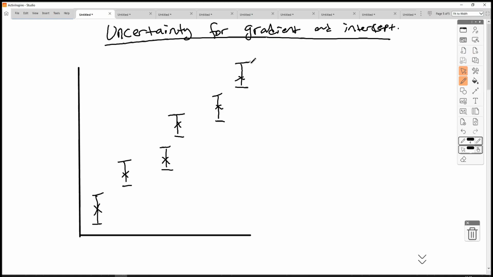So we need to do 3 lines, 3 fitted lines on this graph. We're going to do a line of best fit. We're going to then do a line of maximum gradient and a line of minimum gradient. So fit 3 lines for your data.